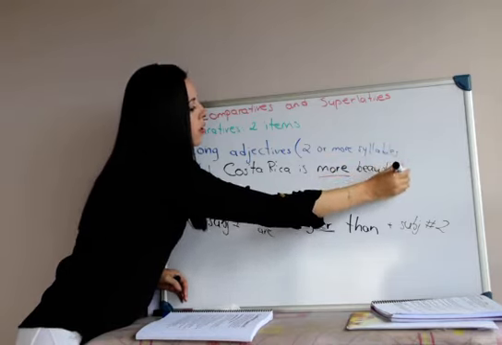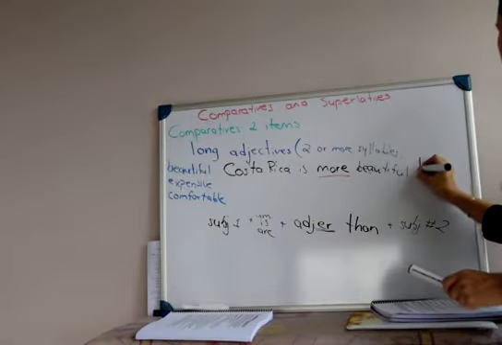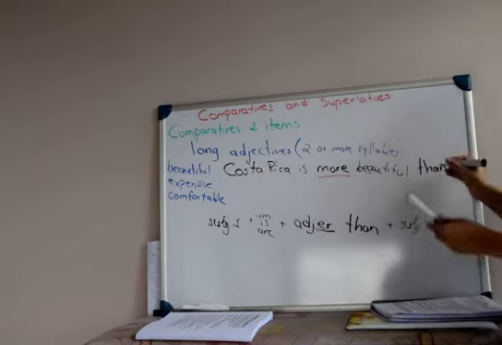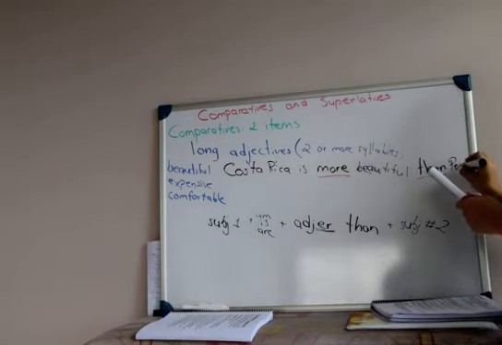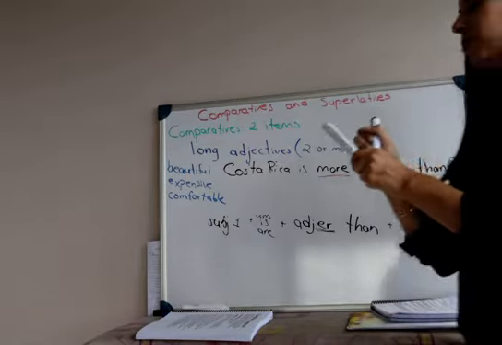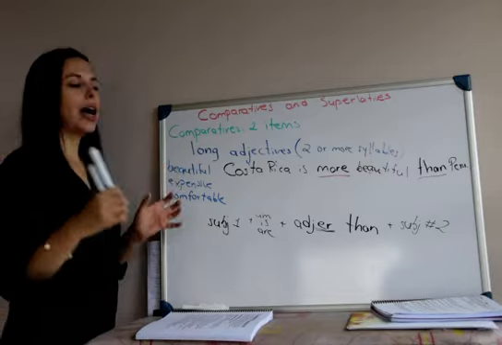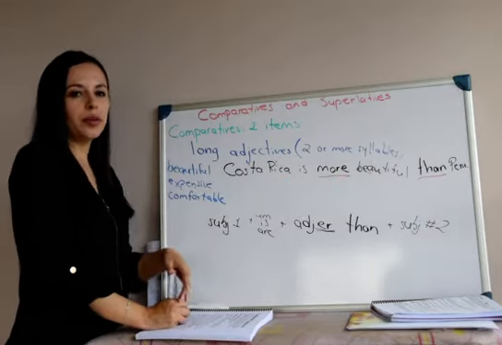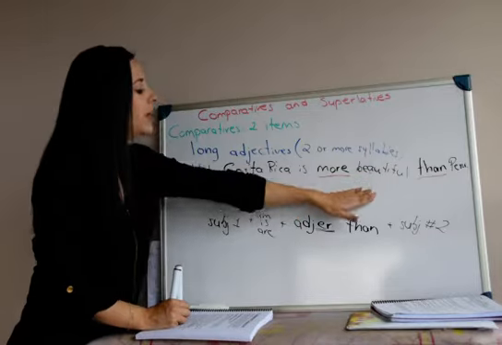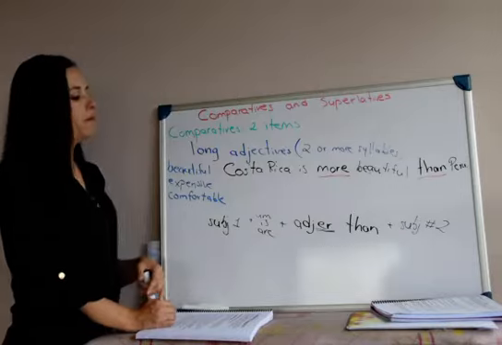And here we have a comparative with a long adjective. Costa Rica is more beautiful than Peru. So we have a long adjective here, before the adjective more, after the adjective than.